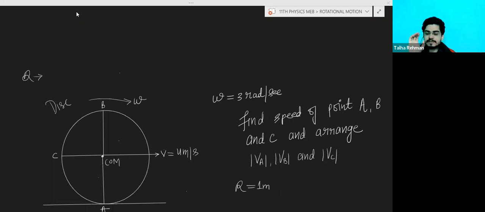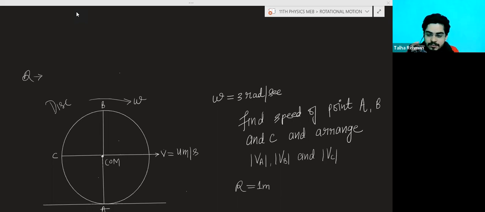So whenever a particle is moving on a circular path, there is always a change in the direction of velocity. And velocity has one magnitude and another is direction.